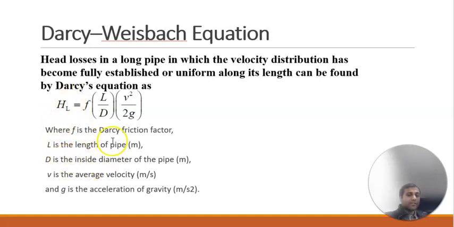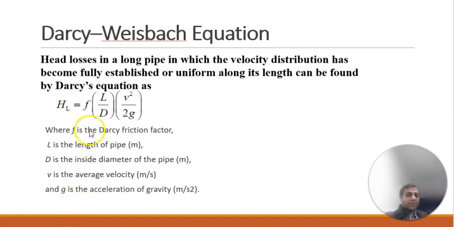So if you write this equation down, where L is the length of the pipe, D is the inside diameter of the pipe, V is the velocity, and g is 9.8. And here h_L is the head losses. So please write down this equation.